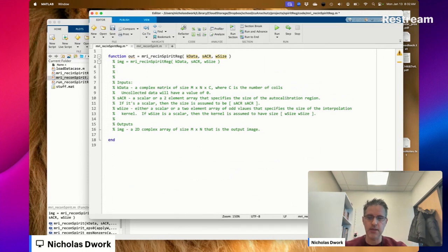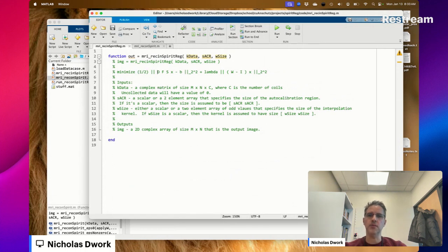Okay, so here I'm going to write down the problem that we're trying to solve. We're going to minimize... So this is interesting.